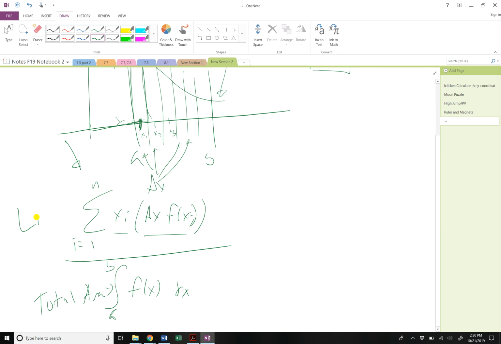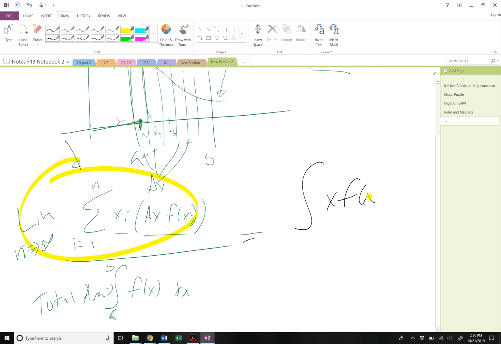And if you want to get more precise or get better estimates, you take the limit as n goes to infinity, and this piece is just the definition of an integral. So that's the integral of x f of x dx from a to b, over the integral from a to b of f of x dx, which is just the area. So that's the x bar.